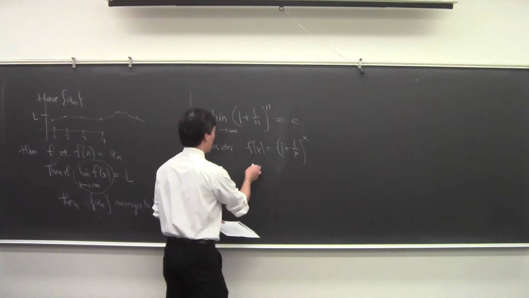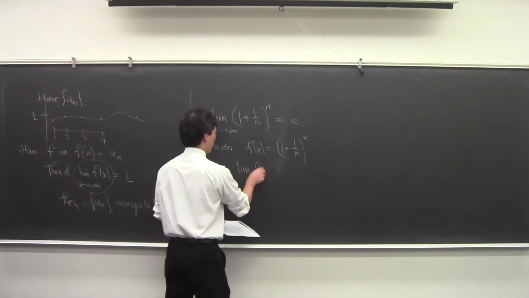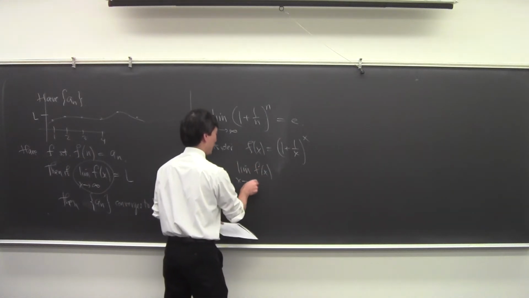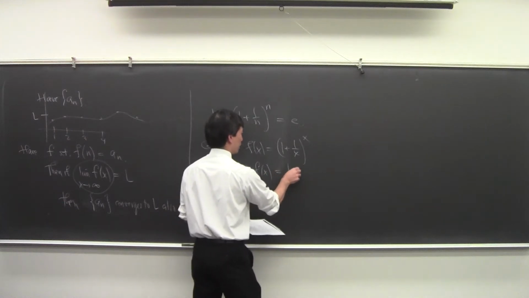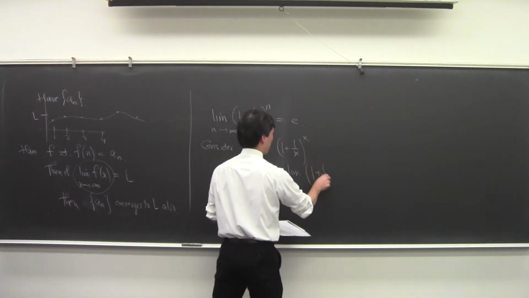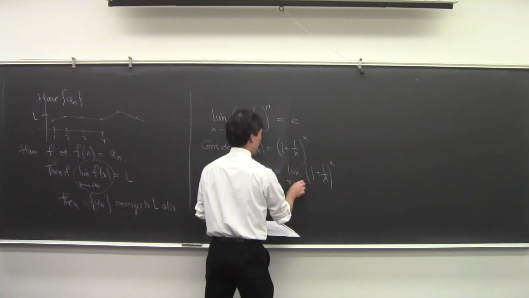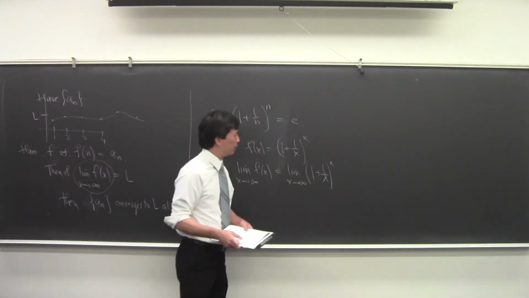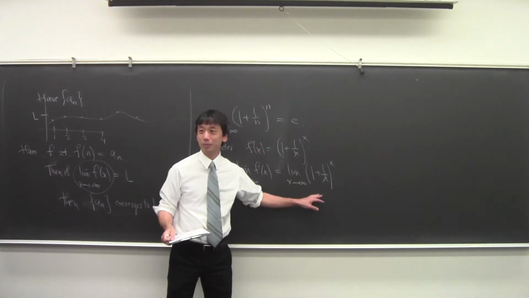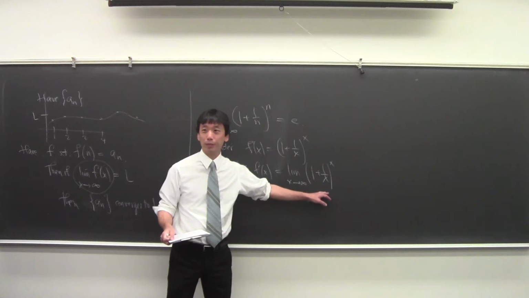If you look at the limit of (1 plus 1 over x) to the x as x goes to infinity, what is that? This is a so-called indeterminate form.